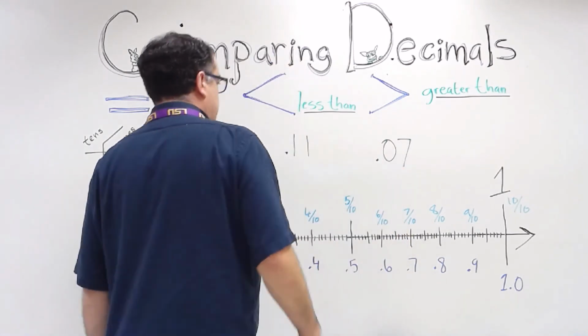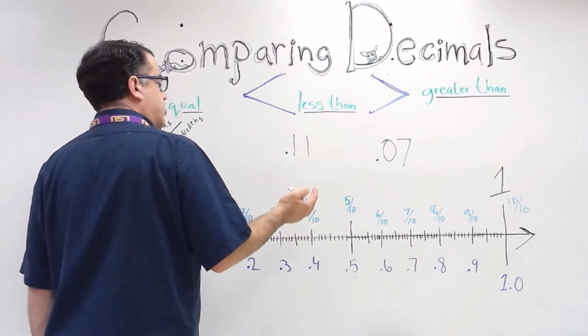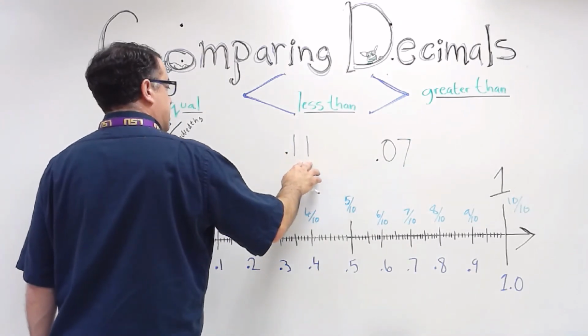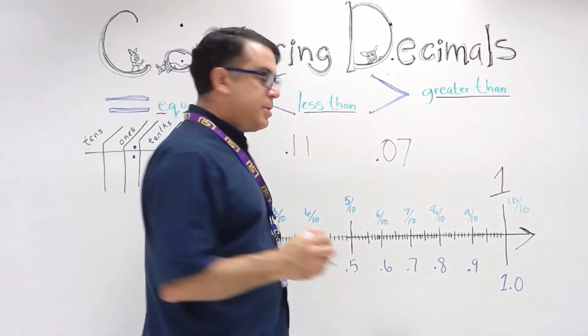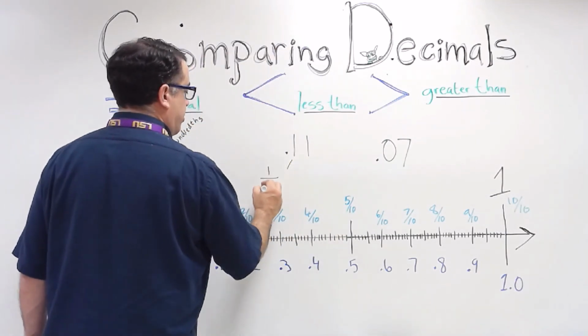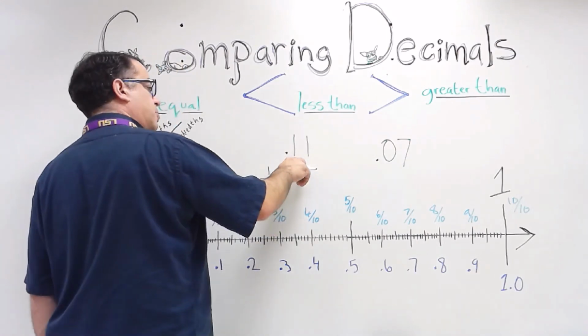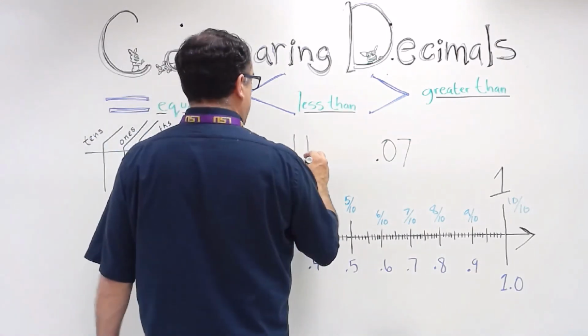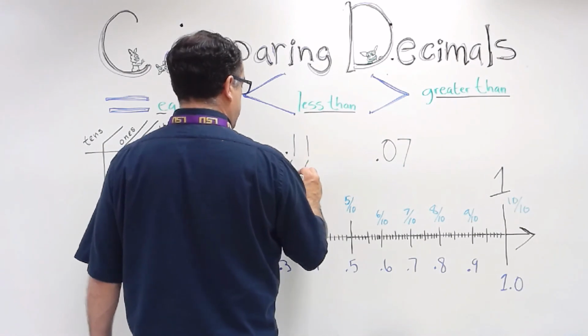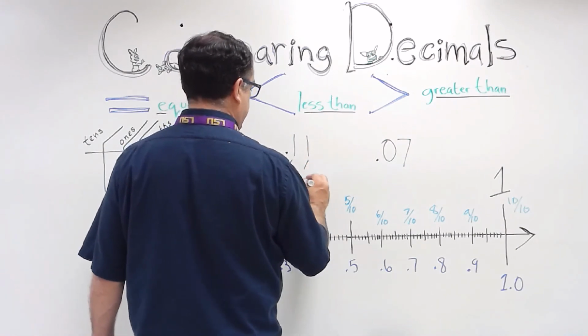So if we were going to look at these as fractions, 0.11 really says 1/10. Let's break that down, the number bond. That really says 1/10 because the 1 is in the tenths place, and this is saying 1/100.